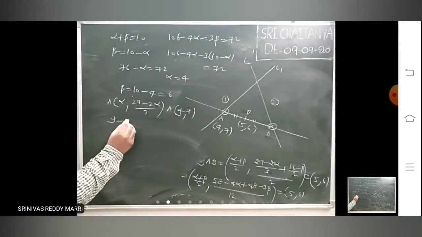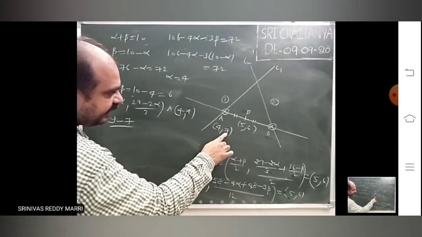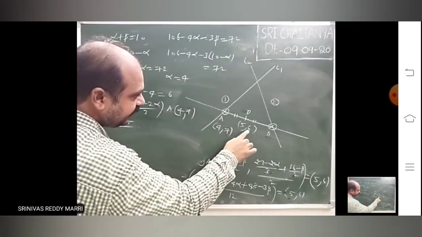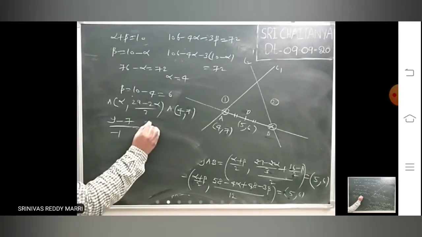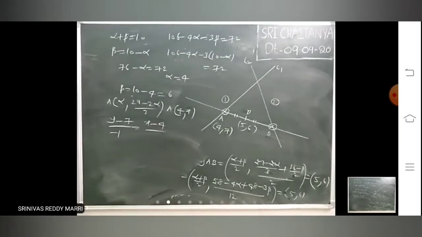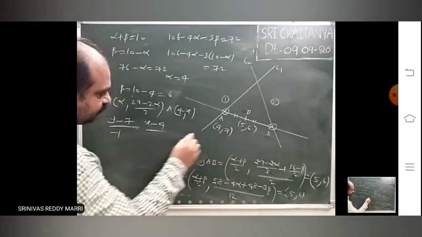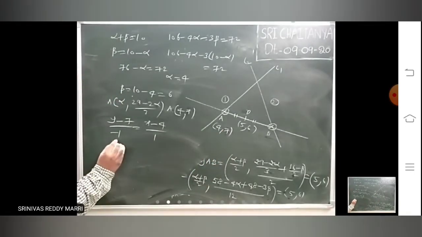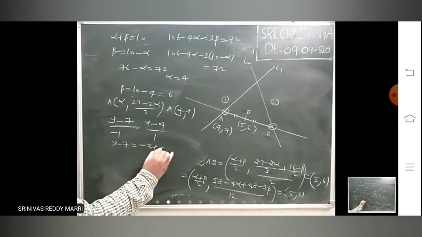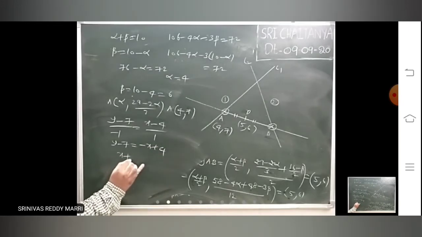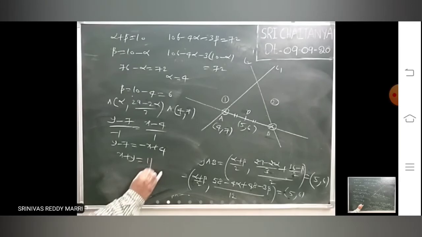So therefore, y minus y1 divided by y2 minus y1, 6 minus 1, this is minus 7, x minus x1 divided by x2 minus x1 is what this. So therefore, y minus 7 is nothing but minus x plus 4. Therefore, x plus y equal to 11 is the required equation.